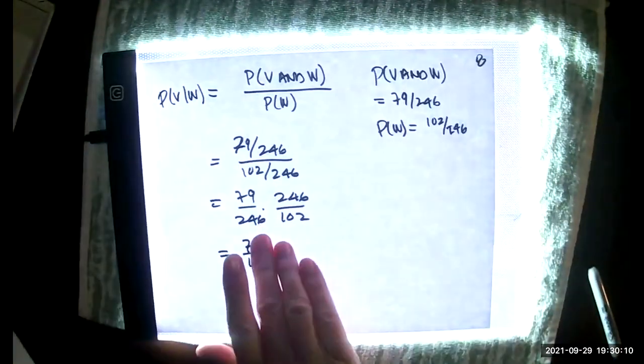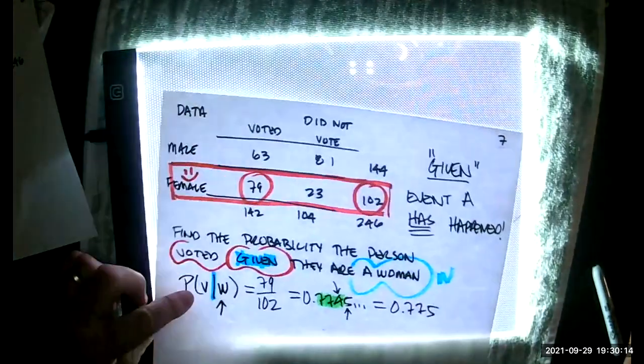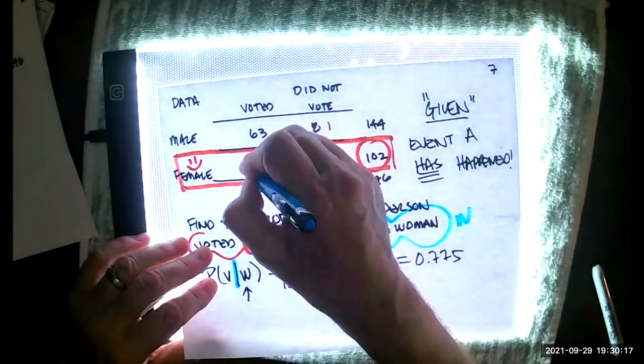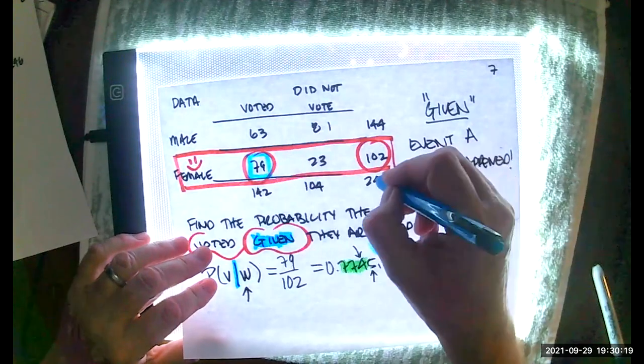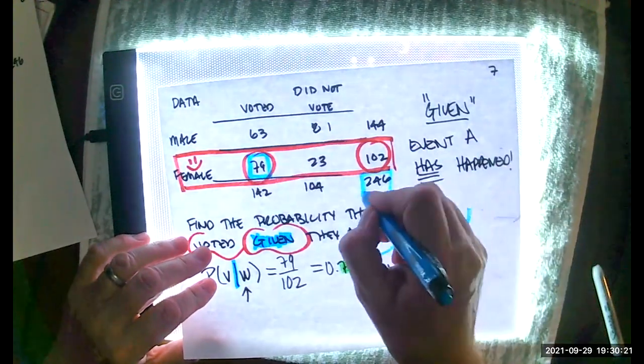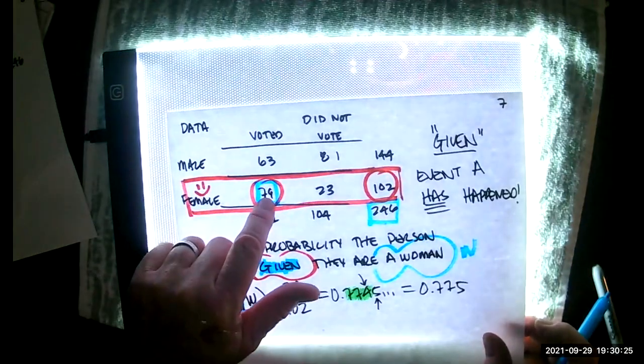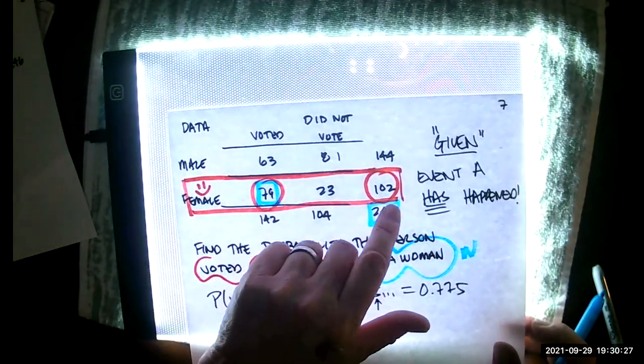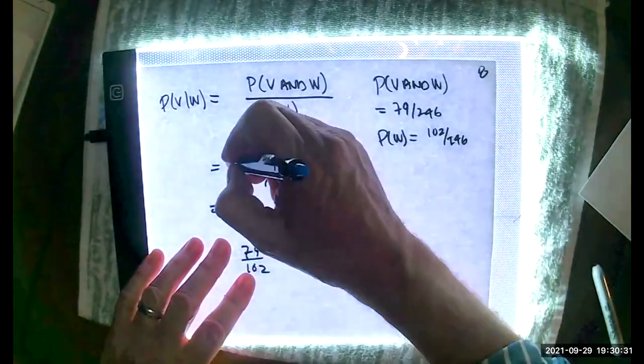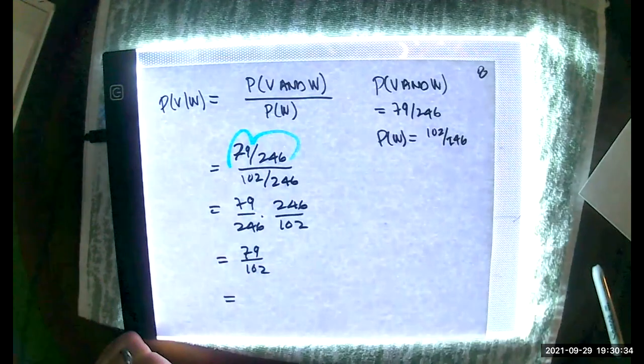For that first probability, selecting someone who voted and is a woman, those are the votes out of 246. So the probability of selecting someone who voted and is a woman in a single selection is 79 out of 246. That's what you see right here in my numerator.